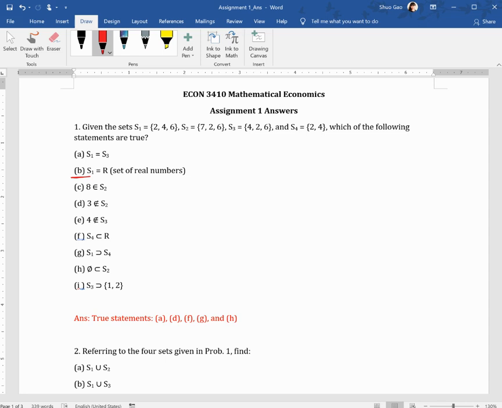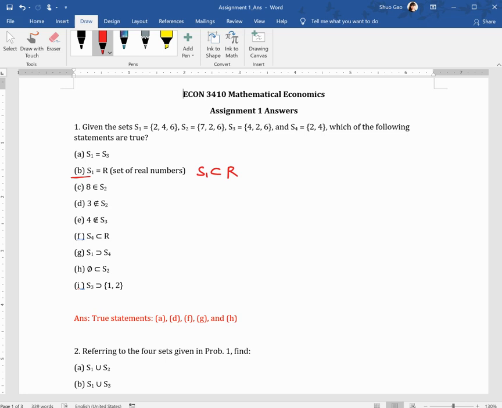But we cannot write S1 equals R in this way. We should write S1 is in R, or S1 is a subset of the real numbers. We cannot write the equal sign because S1 only has 3 numbers, but the set of real numbers is infinite.